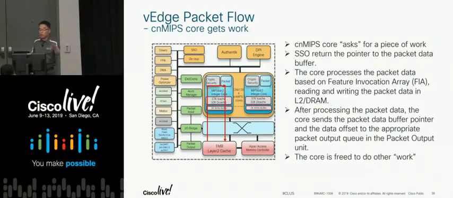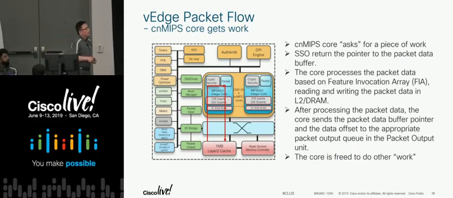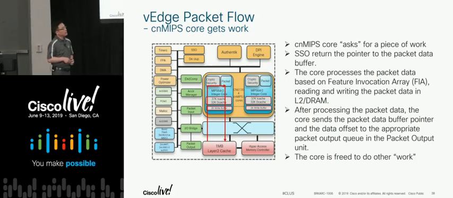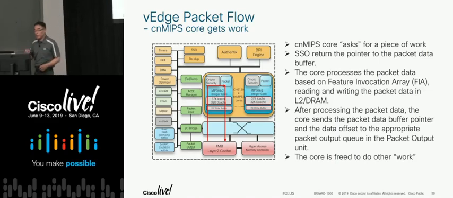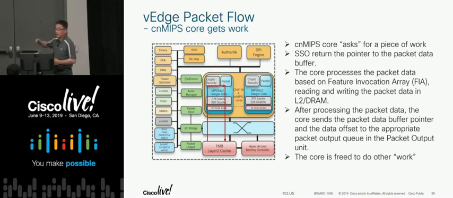The core is going to read and write the packet data in the buffers and process the SD-WAN features to completion. After processing the packet data, the core will send the packet data buffer pointer, the data offset, and the appropriate packet to the appropriate packet output queues in the packet output unit. Then the core is free to process the next packet.